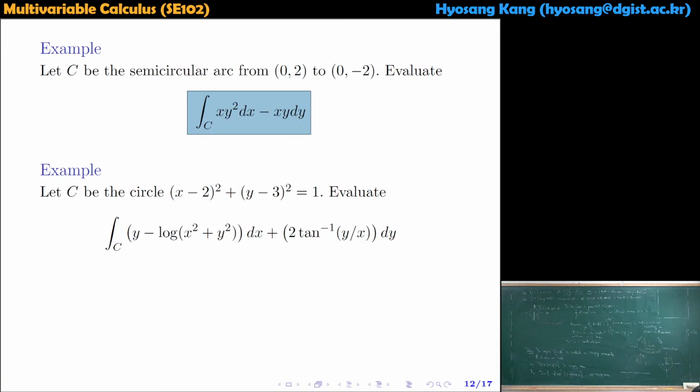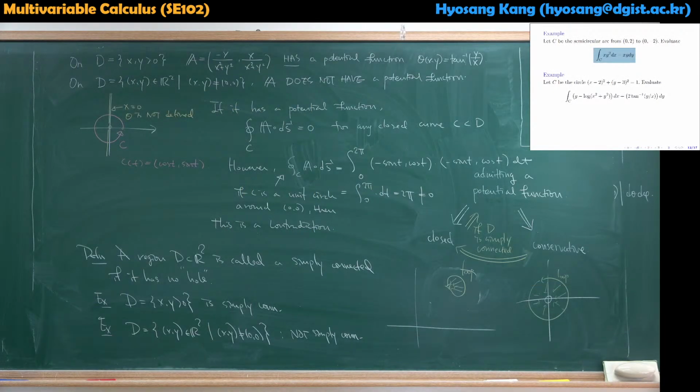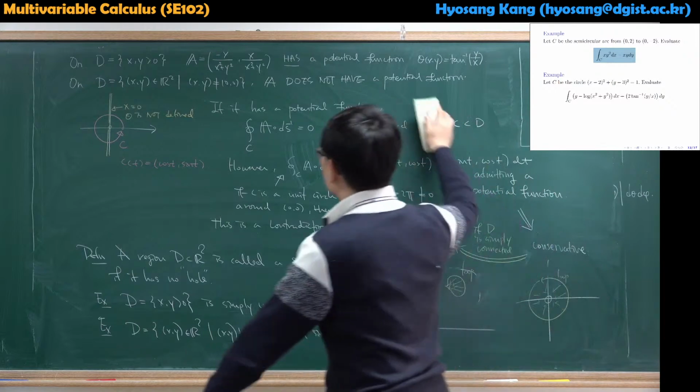We want to evaluate this. Now this line integral looks like a scalar integration, but it's not. It's an integration over a vector field. I just want to tell you that this kind of notation can appear in many places, so I want to train this kind of computation.